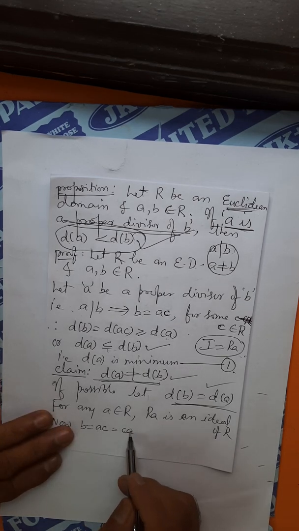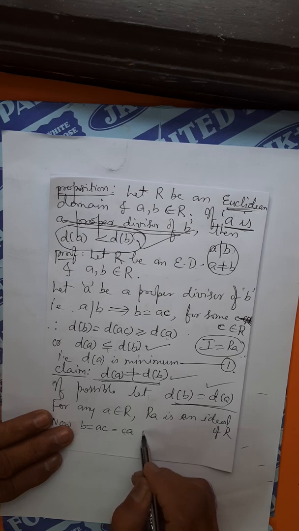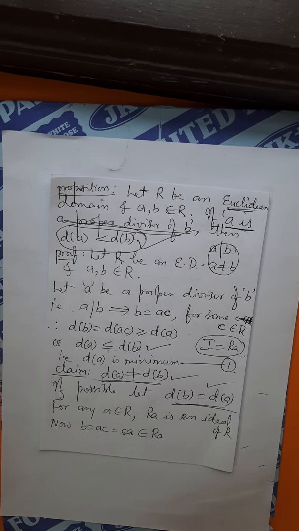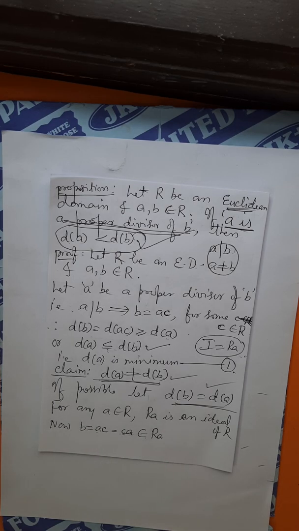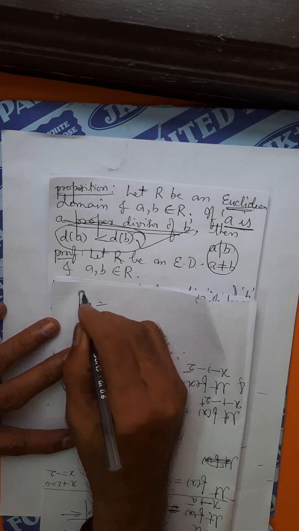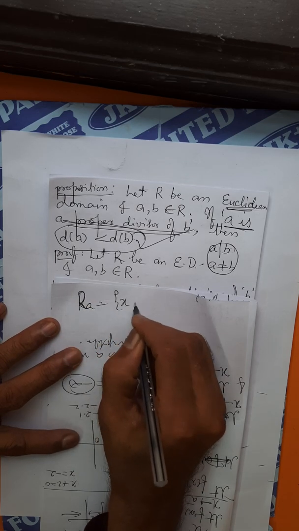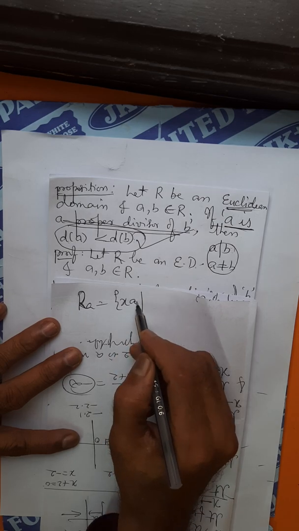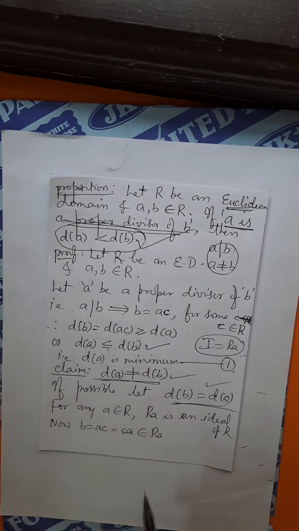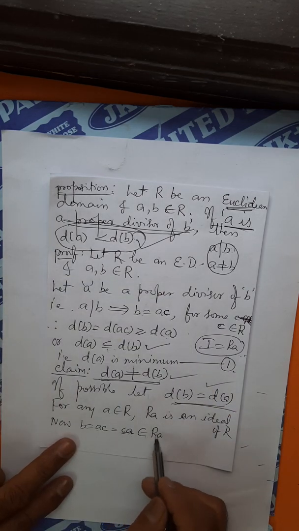CA is a multiple of A, so it belongs to RA. Every member of RA is a multiple of A. RA is the set of all XA, that is, multiplied by A for X belongs to R. So CA belongs to RA.